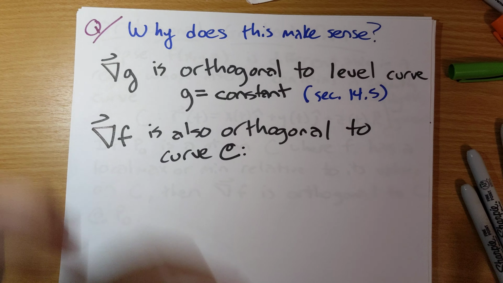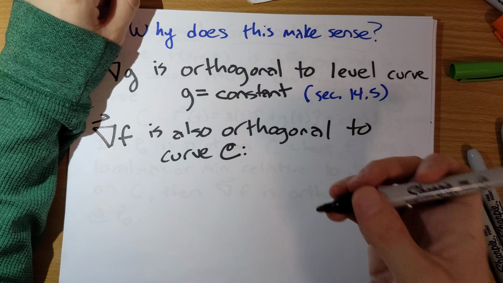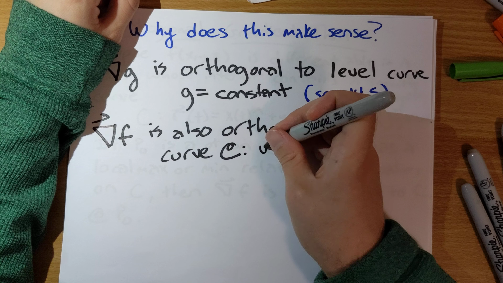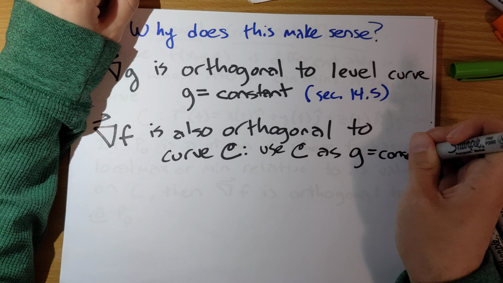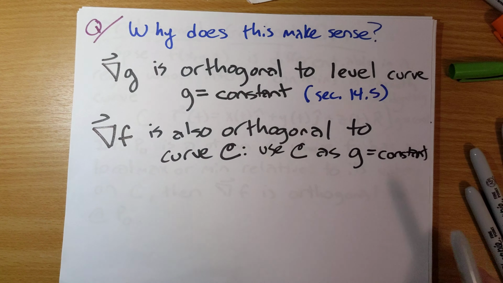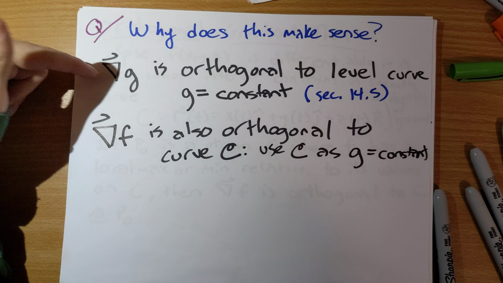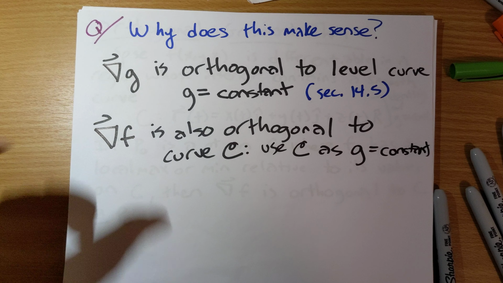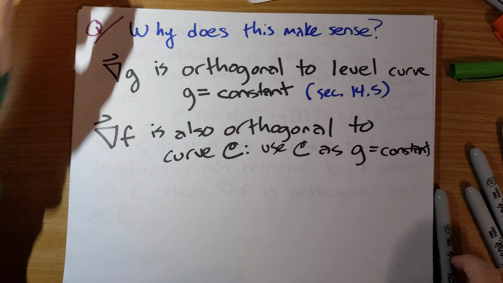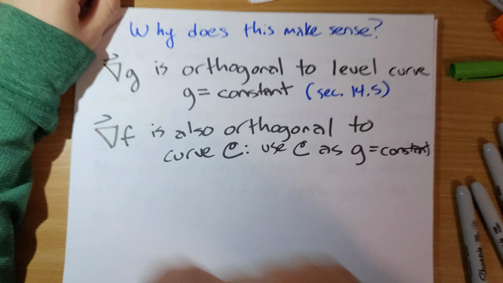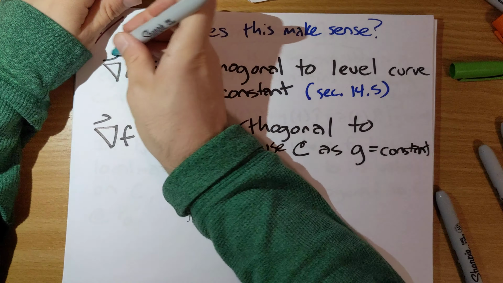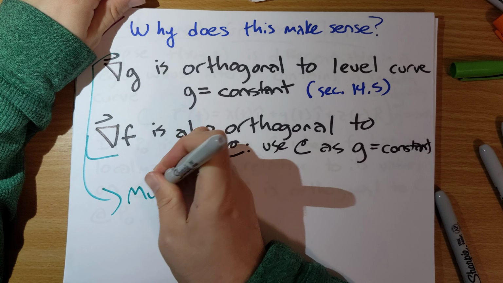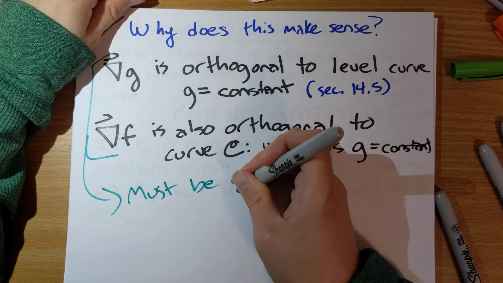But we're going to think of this curve c as g is equal to a constant. And so the gradient of g is orthogonal to the level curve, and the gradient of f is orthogonal to the level curve. Since both the gradient of g and the gradient of f are orthogonal to the same level curve, these must be scalar multiples of each other.